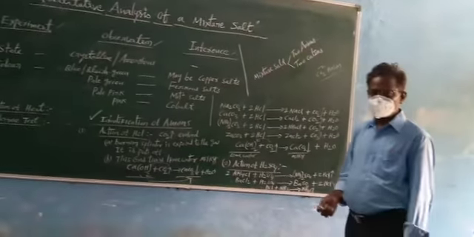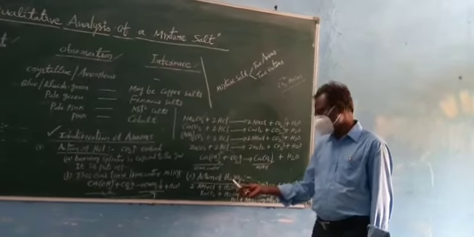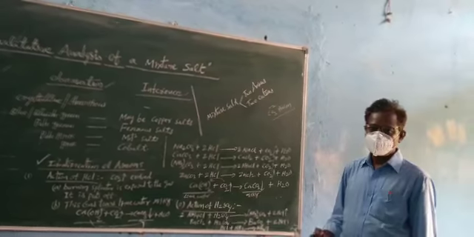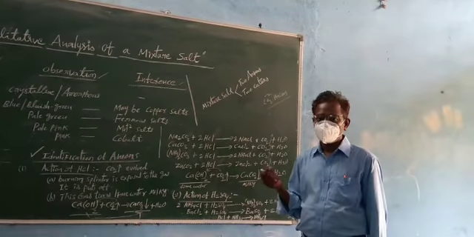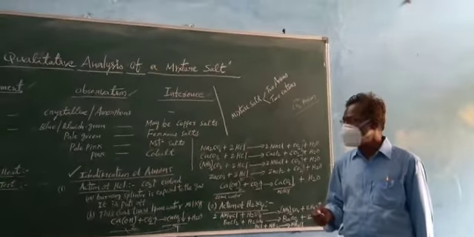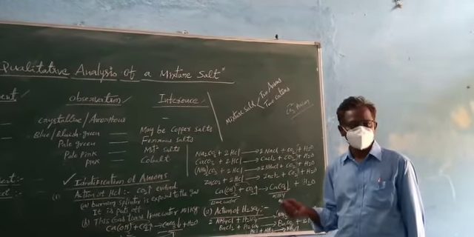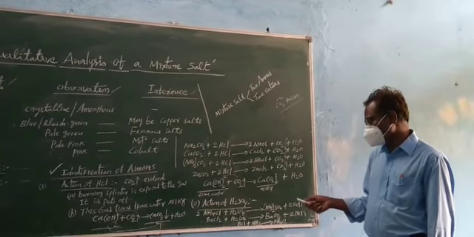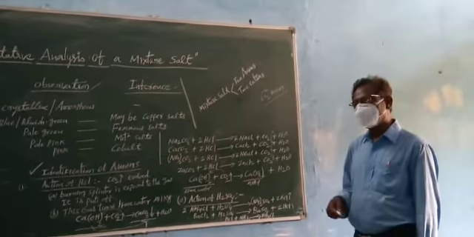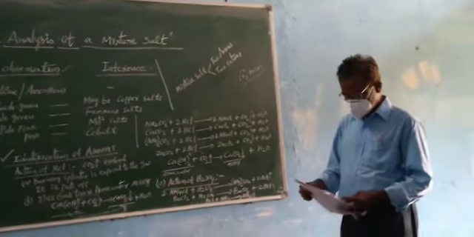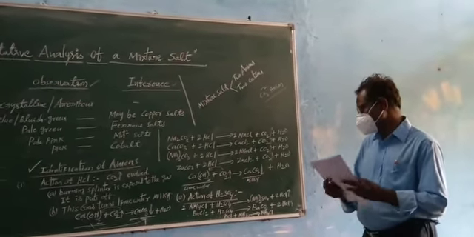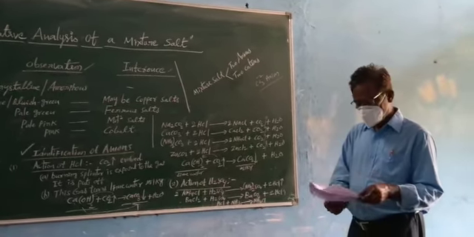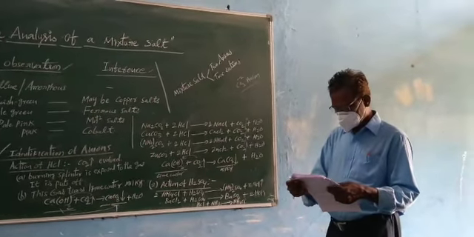Next reaction we have to observe is the action of concentrated sulfuric acid. Take a pinch of the given mixture salt in a dry test tube and add concentrated sulfuric acid. Here you have to observe that a pungent smelling gas is evolved. Put a glass rod dipped in ammonium hydroxide solution.